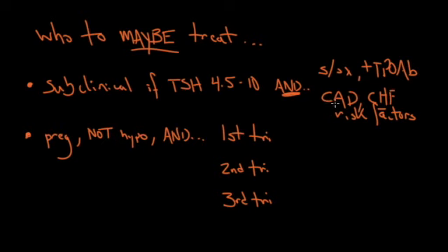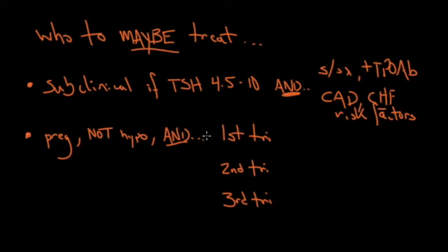They might also have CAD or congestive heart failure or other associated risk factors. Another wishy-washy one is if a patient's pregnant or planning to become pregnant and they're not hypothyroid and they meet certain TSH criteria based on what trimester they're in.